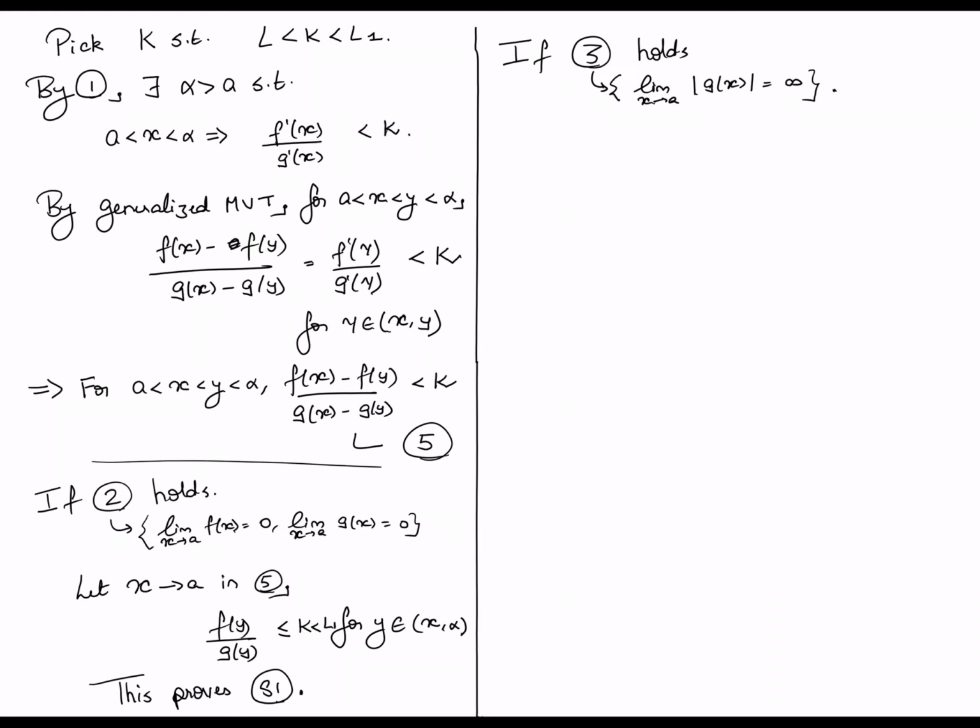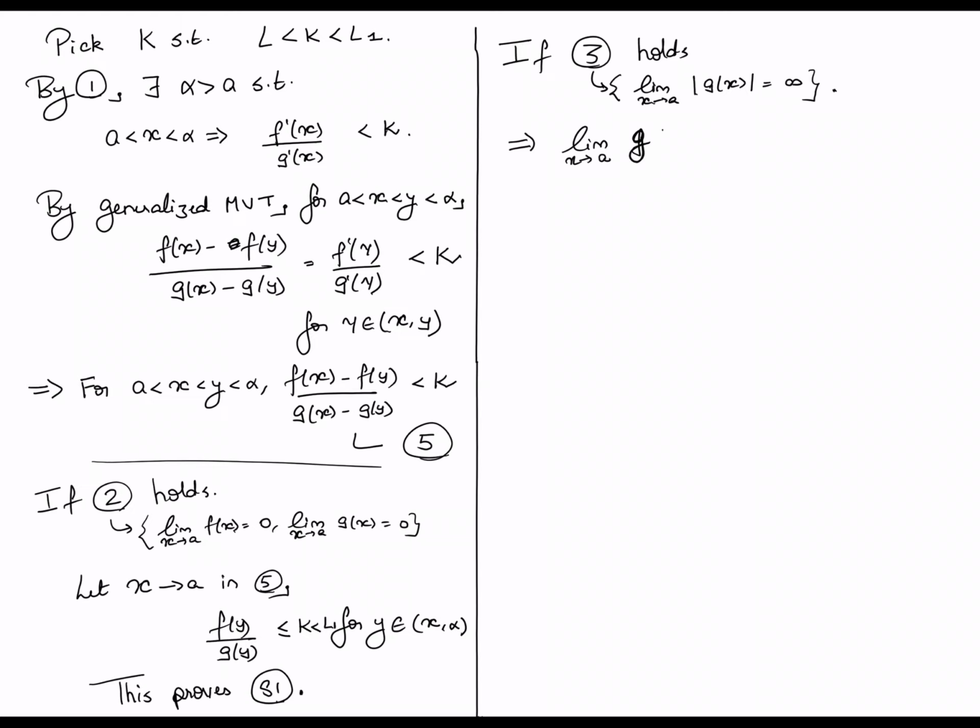Now, before we get into the details here, let us first understand what it even means. Remember that we have already supposed that g prime is negative, which means g is strictly decreasing in the interval from a to b, and g never takes the value 0. So it is strictly decreasing, does not take the value 0, and as x tends to a from the right, the absolute value of g is equal to infinity. This could only possibly happen if g is actually itself being pushed off to infinity.